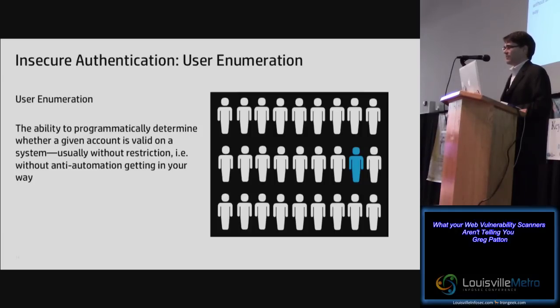If I input greg.patton@hp.com, and the application tells me that username does not exist, or there's already a user by that name, you can't create another account, I now know that that username exists in the system. If I'm attempting to authenticate, I now have one piece of information I need. I have a username, and I just need a password.